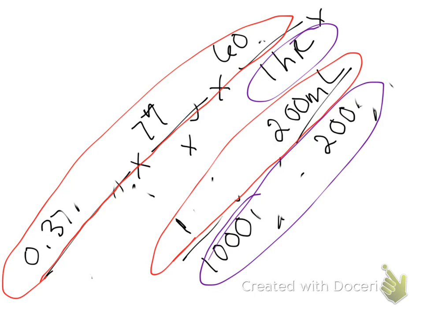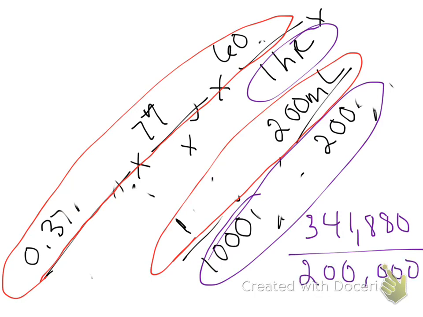Okay, so I got 341,880 for my numerator. Denominator, I got 200 times 1,000, and that would be 200,000.